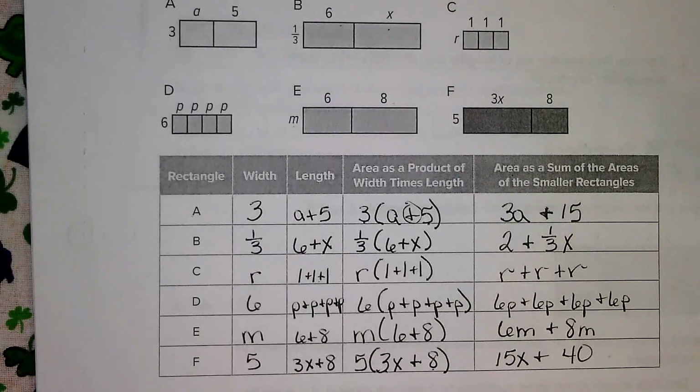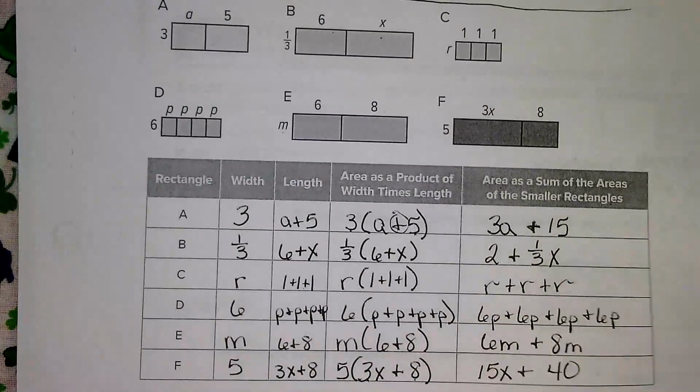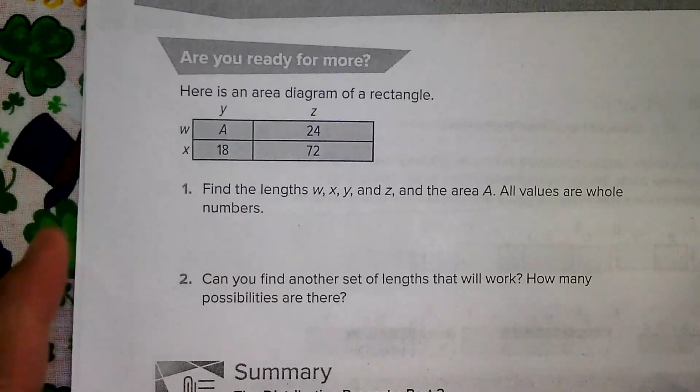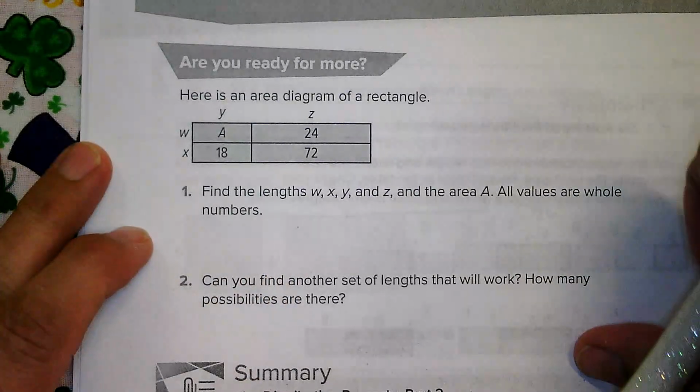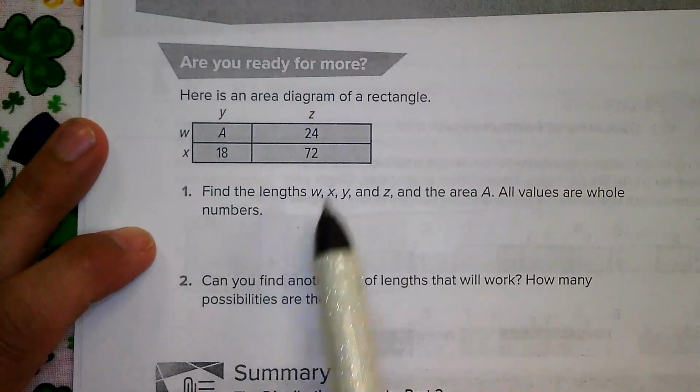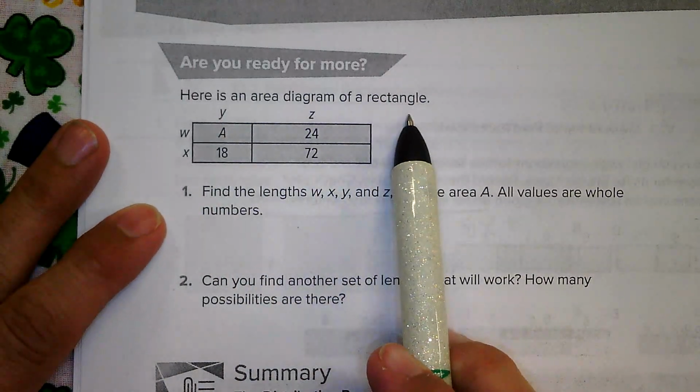Okay, go ahead and pause it if you need more time to write it. I'm going to flip it over to the next one. It says here is an area diagram of a rectangle.